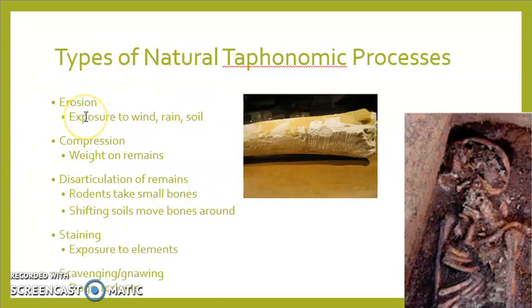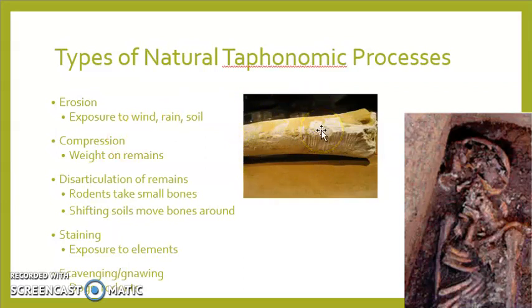Whether it's wind or rain or moving soil or whatever, erosion does work on remains. Compression means they're being compressed by weight. Burial, especially if it's not in a standard casket, causes compression, which can cause bones to break. It can cause them to become sort of just weirdly shaped if it's a really gradual compression.